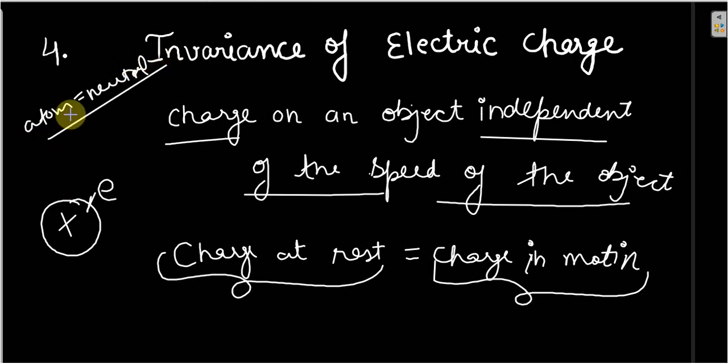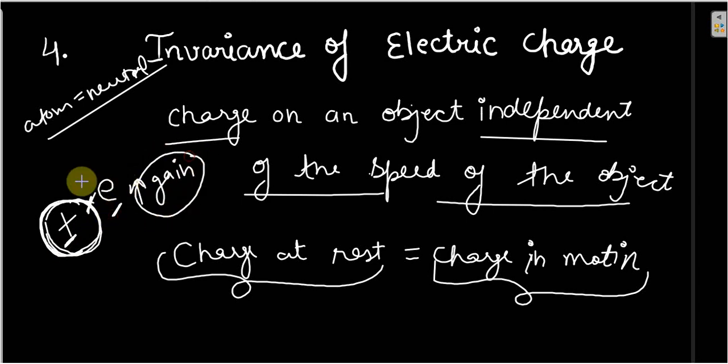We also know the electrons are always moving around the nucleus, that is, they are in motion. So electron gains energy when it is in motion. Suppose it gains charge. If it gains charge, what will happen? Because there is an equal number of positive and negative charges on the atom, if it gains charge, the atom will not remain stable, not remain neutral.